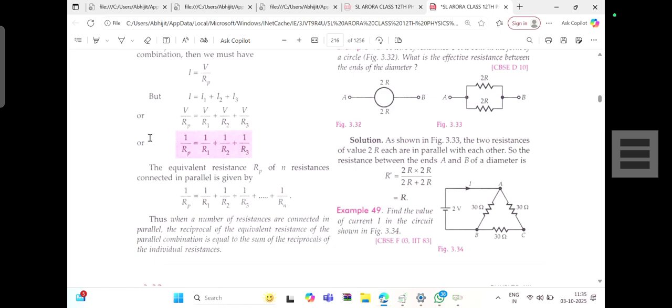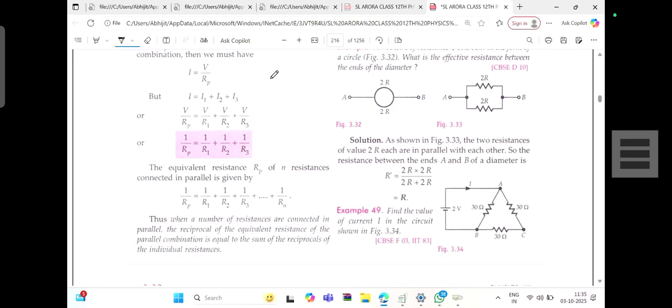That is the formula for parallel combination. For two resistances connected in parallel, you can find the equivalent resistance by this formula.